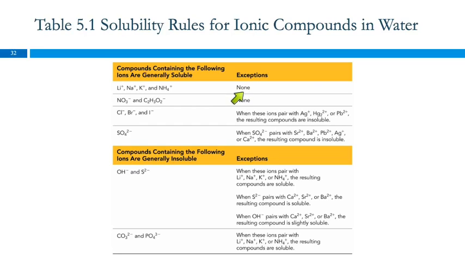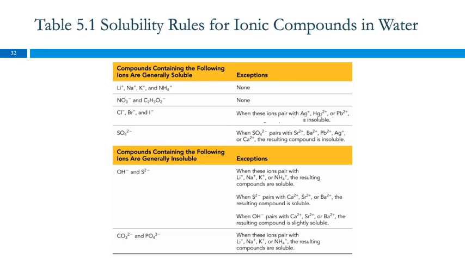Here we've got no exceptions. Chloride, bromide, and iodide are insoluble if you've got silver, mercury 1, or lead. Instead of having all those words, let's just put the actual exceptions there.